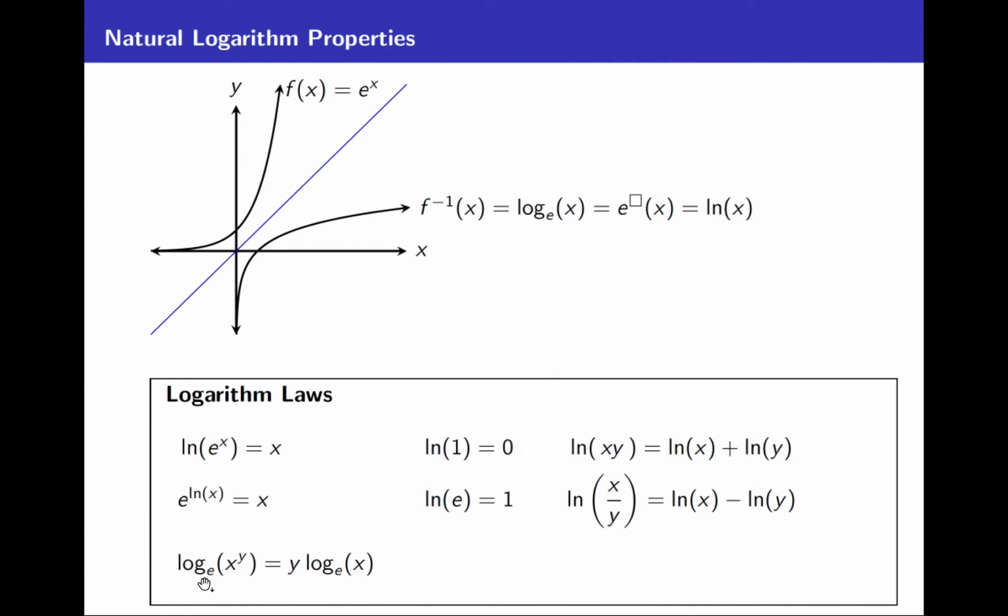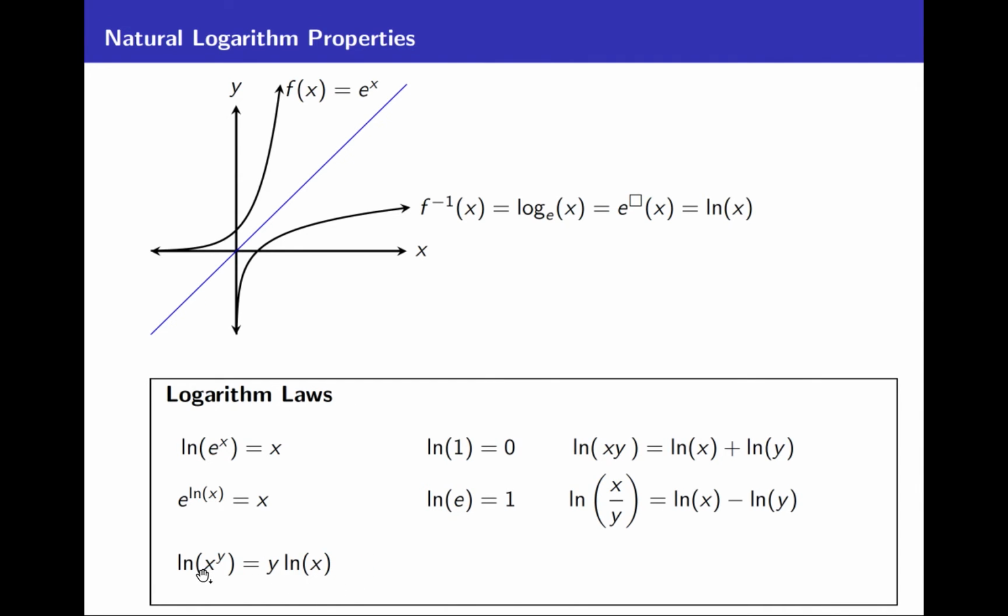Then we have this big property: log base e of x to the y is y times log base e of x, and replacing the log base e's with ln, we get ln of x to the y equals y times ln of x.